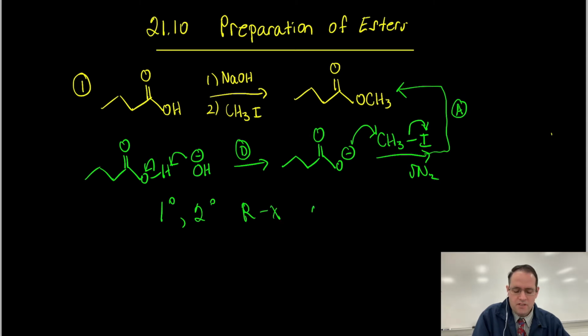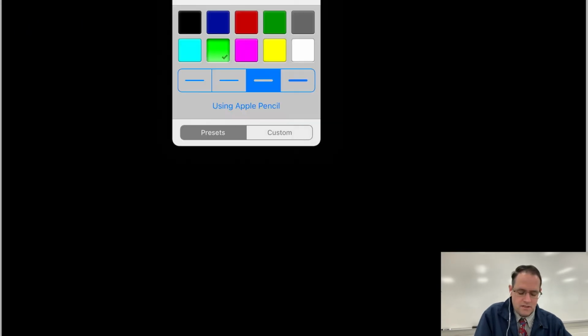Now remember, because it's SN2, this only works for primary or secondary alkyl halides. All right. The second way to prepare esters is by something called the Fischer esterification.